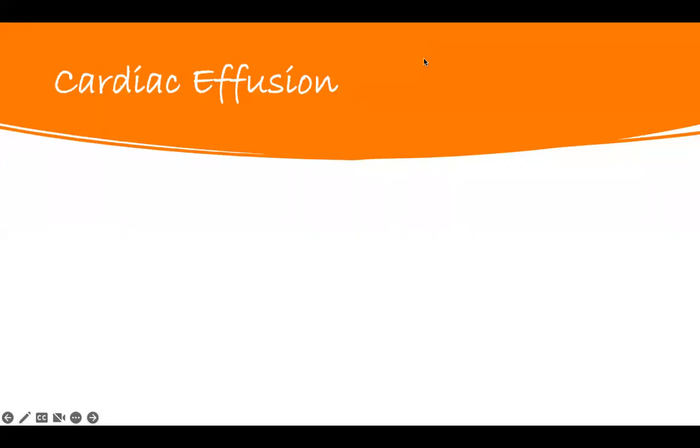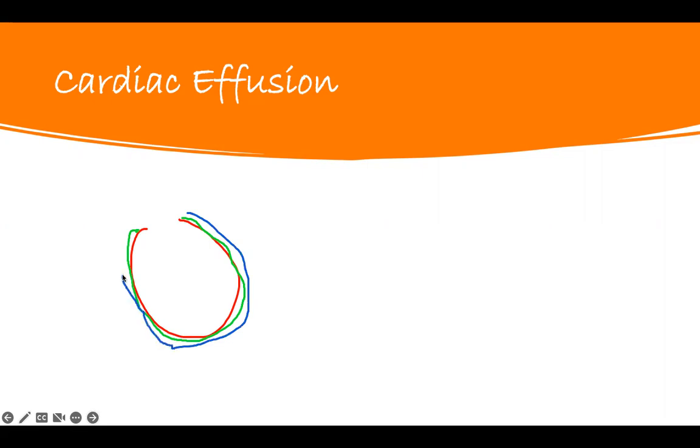So how does effusion happen? Well, cardiac effusion. I'll draw the heart again, and then I will show you the layers. Assuming this is the first layer of the pericardium, just surrounding that area, and that's where the fluid is. And the second layer, maybe that.